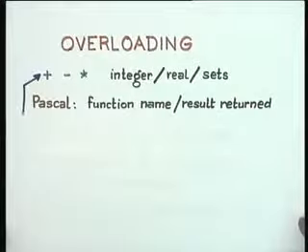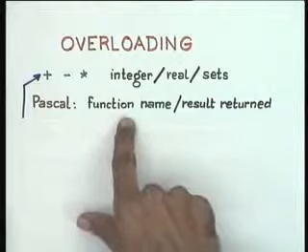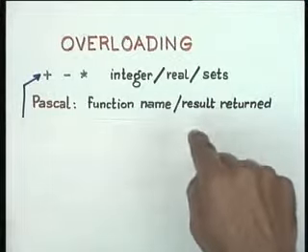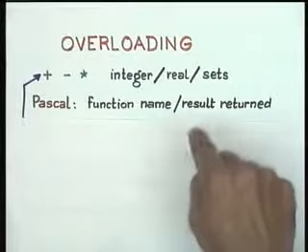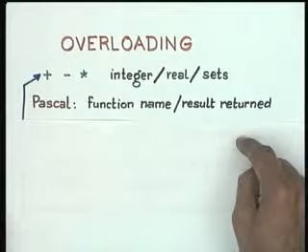The overriding is completely local and it depends entirely on the types of the operands, right. So this is known as overloading. In the case of Pascal there is of course another obvious overloading, which is that you have a function name and you have a variable with the same name which stores the result of executing the function.